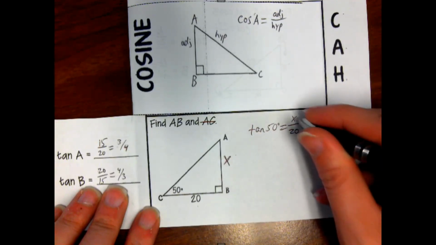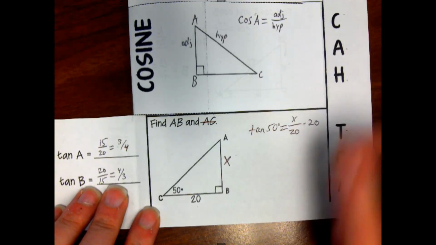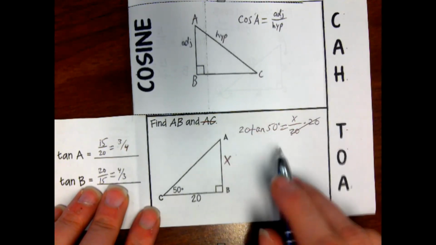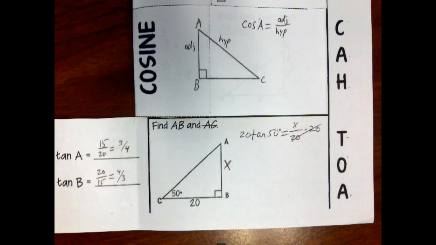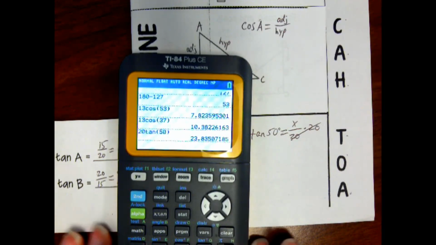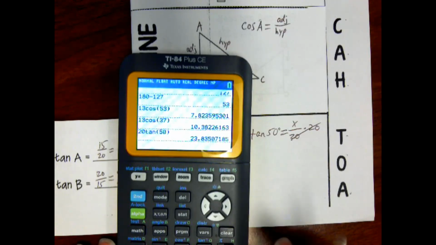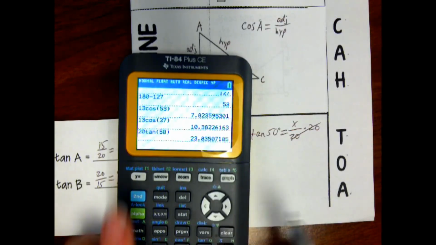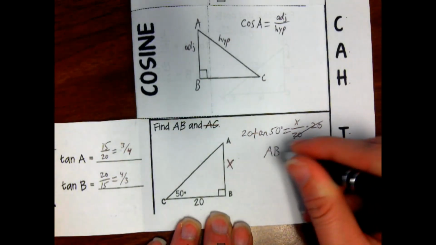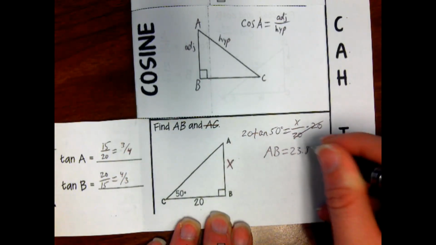And then because this is x divided by 20, I can multiply by 20 on both sides. 20 tangent 50 for my answer. And that gets me 23.84. This 5 rounds the 3 up to 4. So the length of AB equals 23.84.